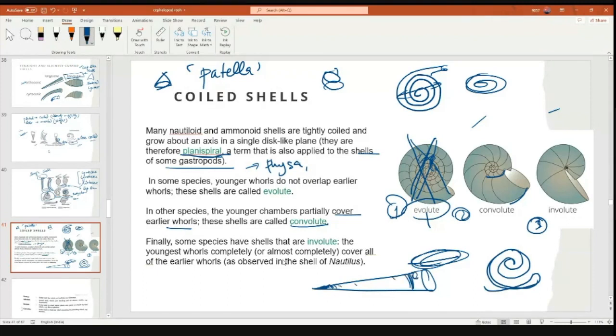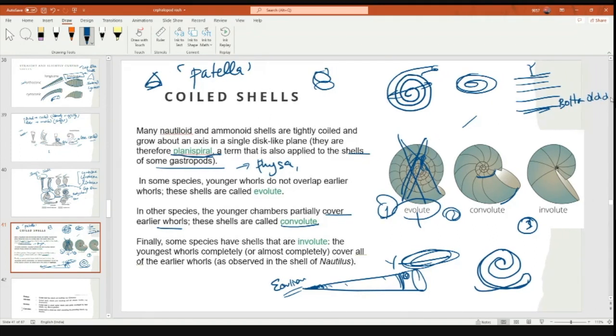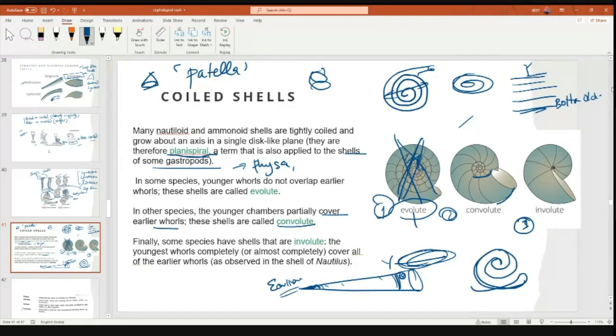So this will be younger and this is earlier. Like a horizontal bed, which one is older and which one is younger? The younger should always be up and the bottom should always be older. The concept is the same here.